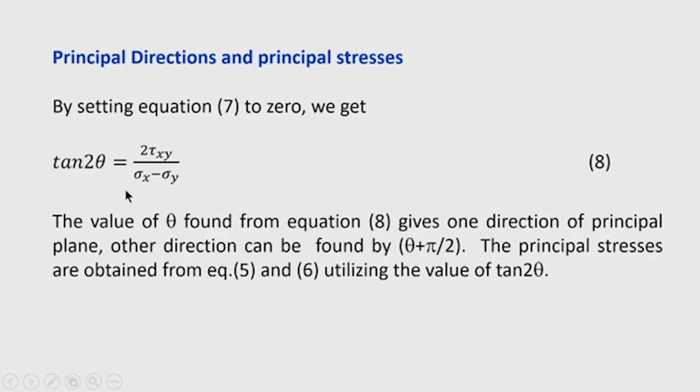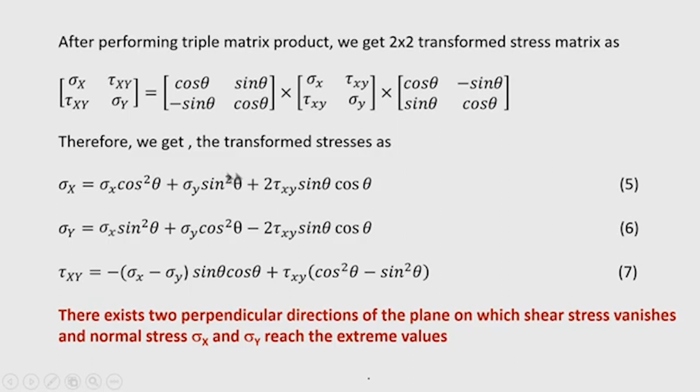Now, in the earlier equation, the cos square theta and sin square theta can be written using trigonometric identities. You know that 2 cos square theta is equal to 1 plus cos 2 theta, 2 sin square theta is equal to 1 minus cos 2 theta, and 2 sin theta cos theta is equal to sin 2 theta.